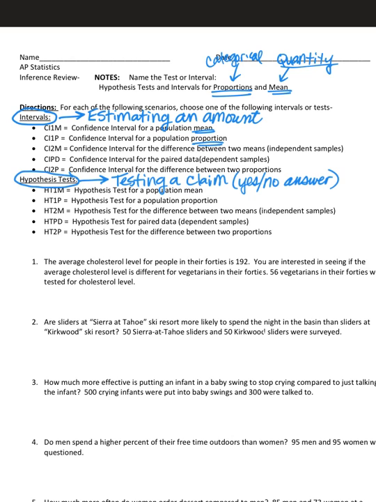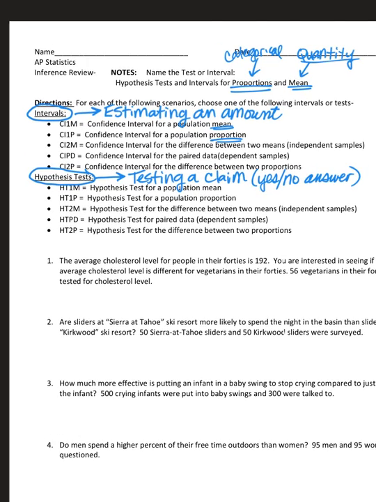You can see that I've got a shortcut method where we have CIs for confidence intervals, and then one mean or one proportion, two separate means or two proportions, and then PD is for paired data.